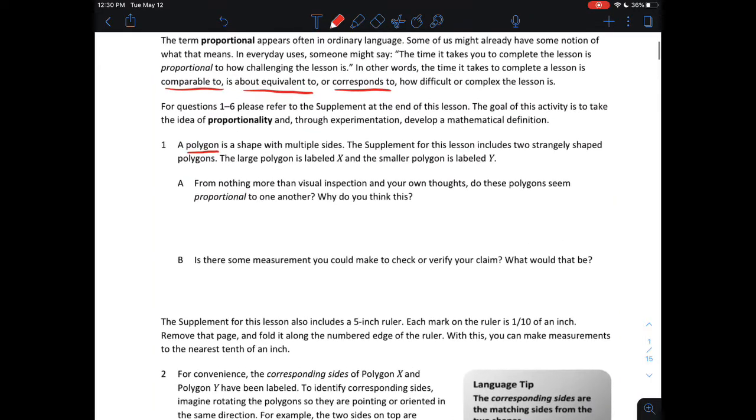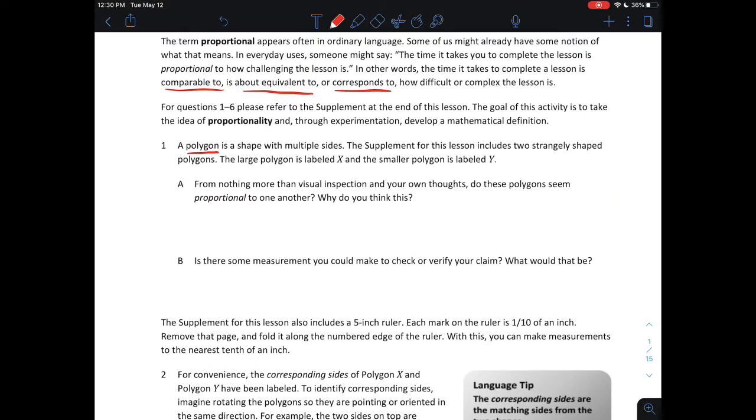But then part B. Is there some measurement you could make to check or verify your claim? What would that be? So if you're looking at those shapes, is there something that you could do that would involve some measurement? We do have a ruler available to us. Maybe something that we could do is measure and compare sides.